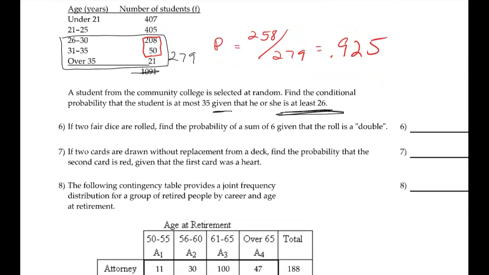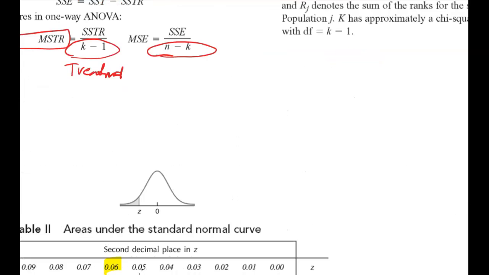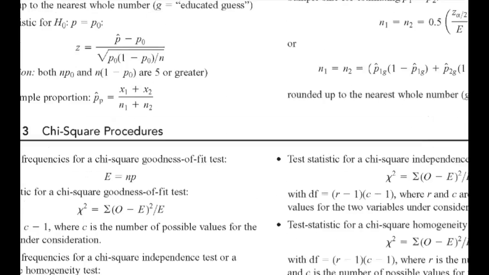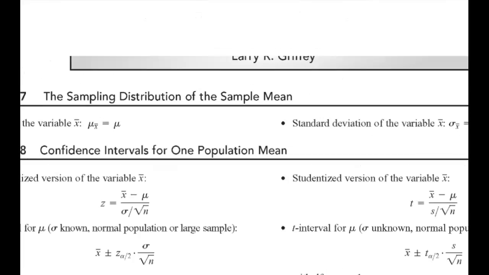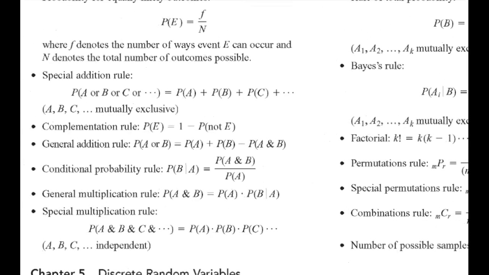Okay. And just as a note, let's look at the formula sheet for one quick second, way back to chapter 4, because we do have formulas for our conditional probability.